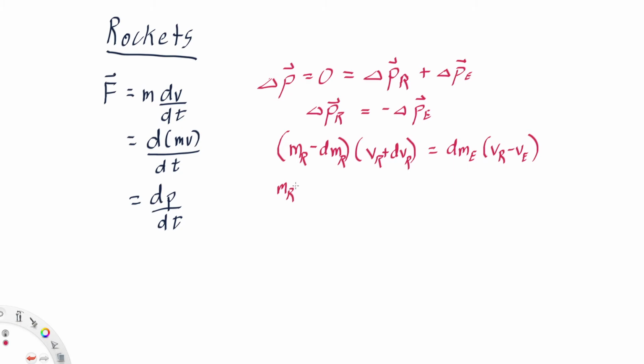So we get mass of the rocket, velocity of the rocket, plus mass of the rocket, change in velocity of the rocket, minus change in mass of the rocket, velocity of the rocket, minus change in mass of the rocket, change in velocity of the rocket, equals the mass exhaust rate times the rocket velocity, minus the exhaust mass rate times the exhaust velocity. Is everyone with me so far?